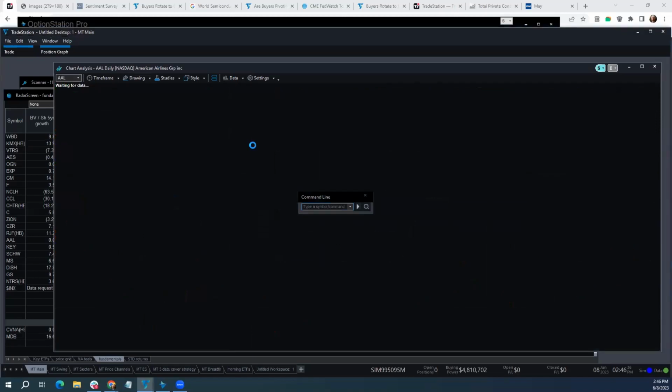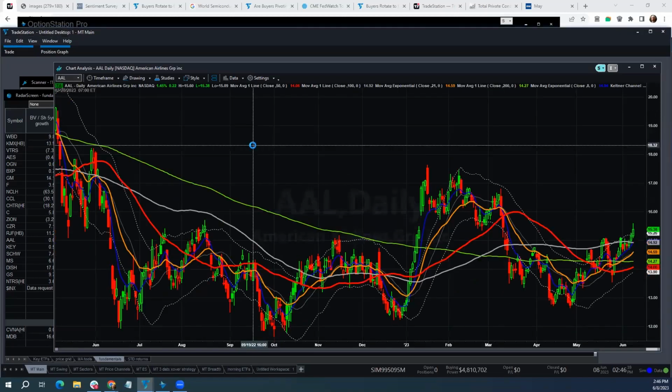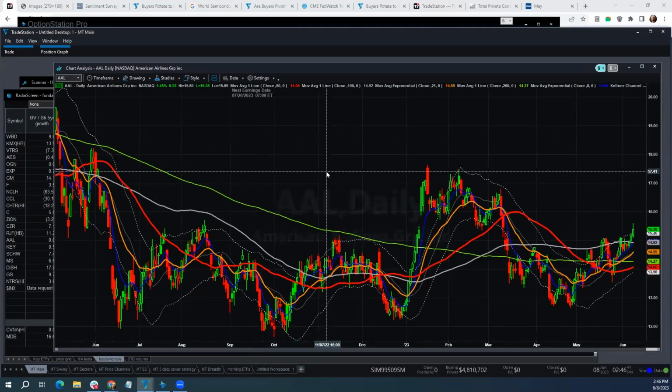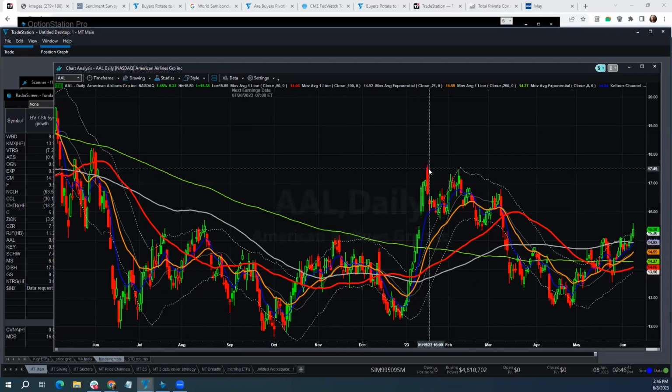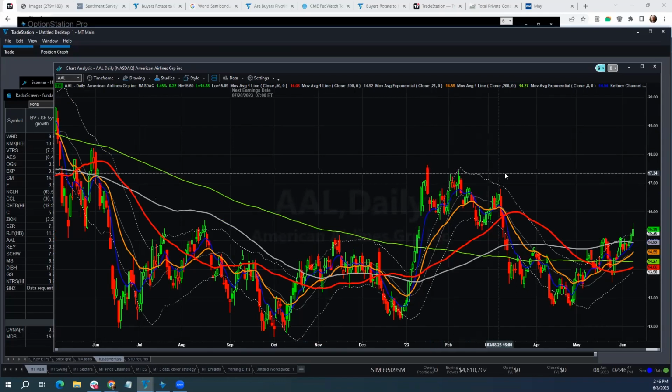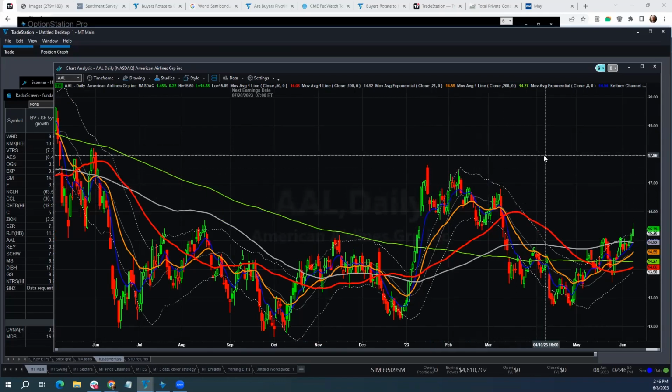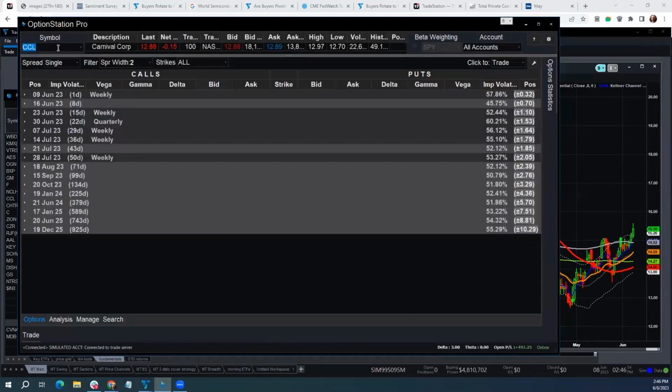American Airlines also kind of extended here, but if things are moving higher, something like this targeting the July 16 to 18 strikes. And we look in July of American Airlines.